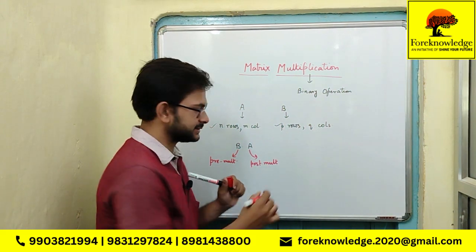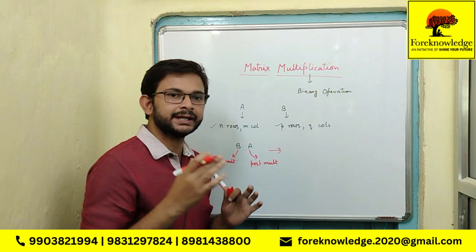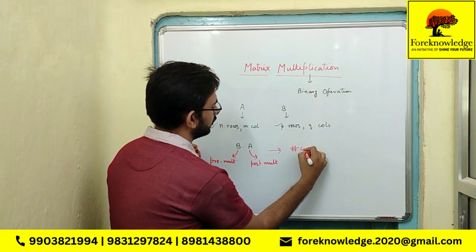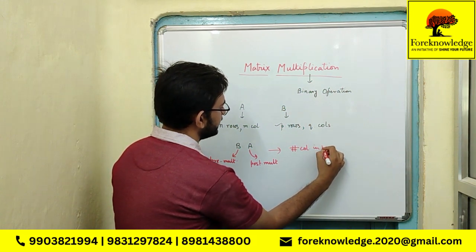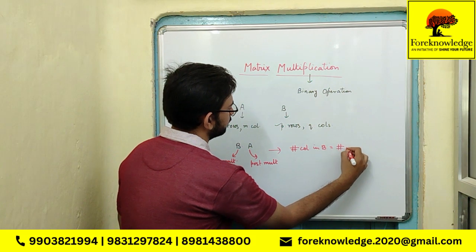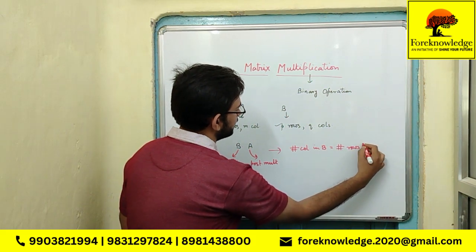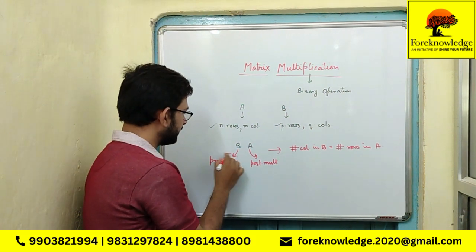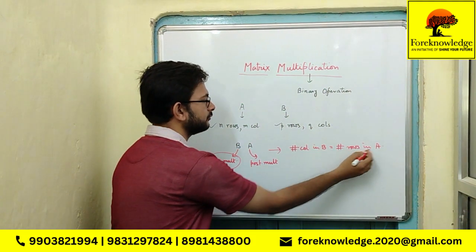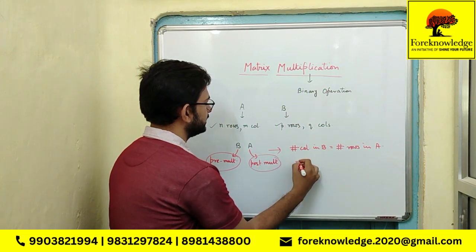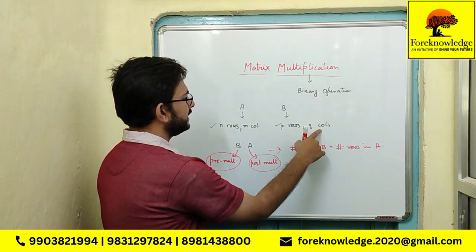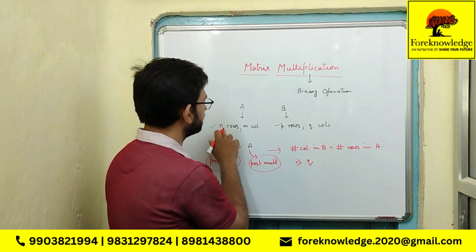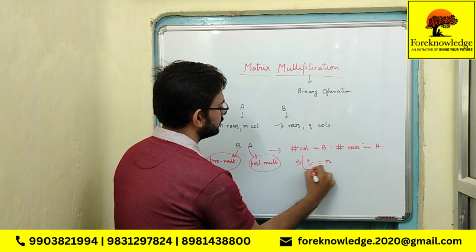So in this case, the formula is again the same. The number of columns in B should be equal to the number of rows in A. That means the number of columns in the pre-multiplier should be equal to the number of rows in the post-multiplier. B has Q columns, A has n rows, so Q equals n.